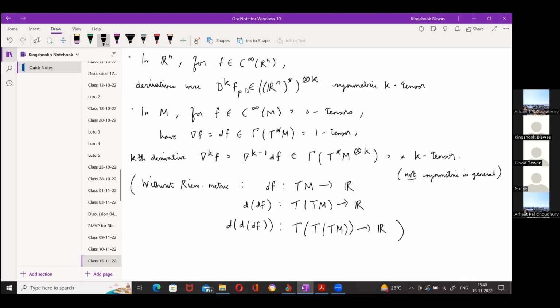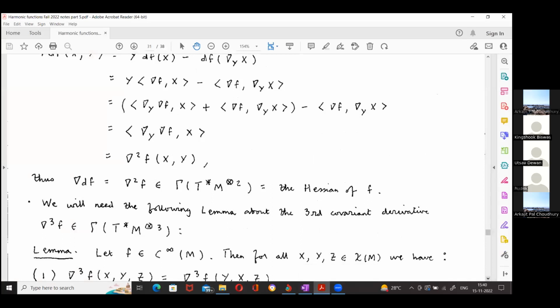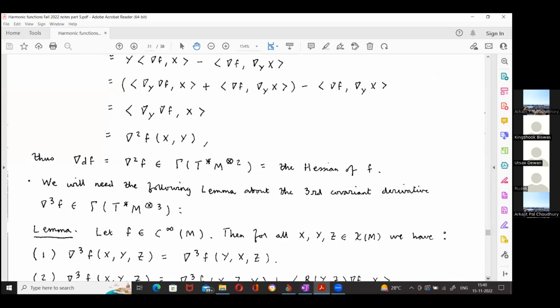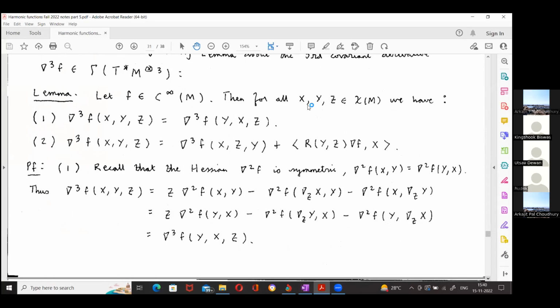In fact, what happens is some curvature terms come in when you look at the higher derivatives. So let me explain that. This next lemma will tell you the following. Let f be a C infinity function on M. Then for all vector fields X, Y, Z on M, we have nabla cubed f of (X, Y, Z) is the same as nabla cubed f of (Y, X, Z). So it's symmetric in the first two variables.